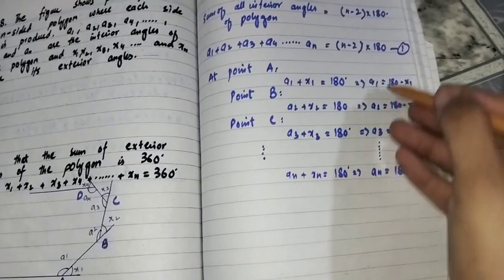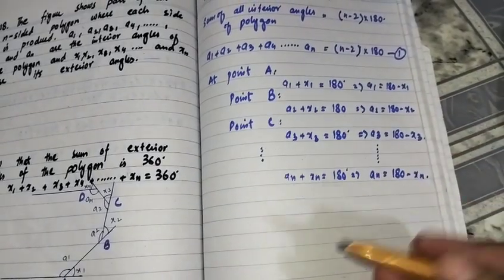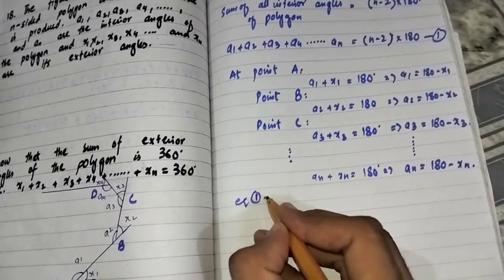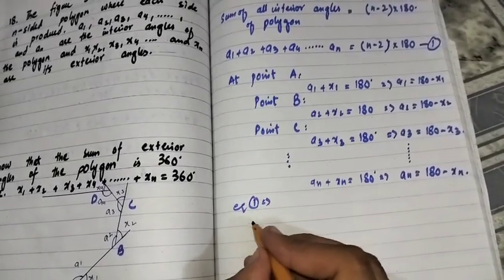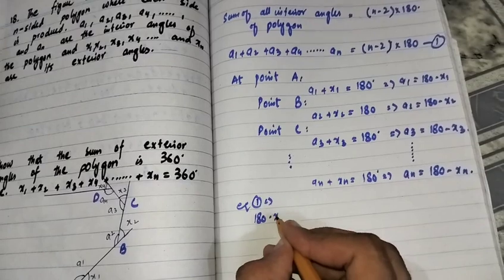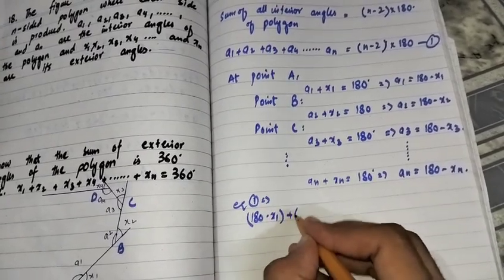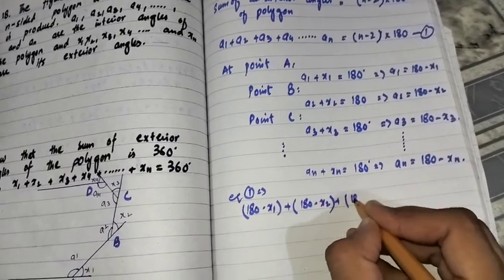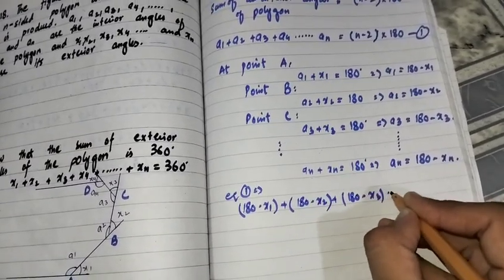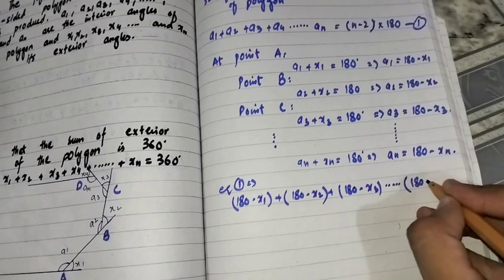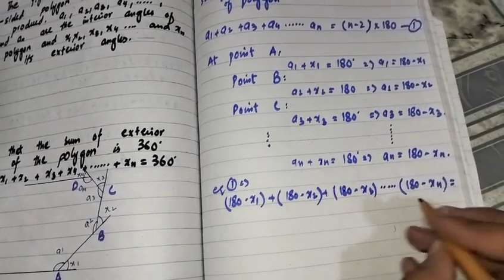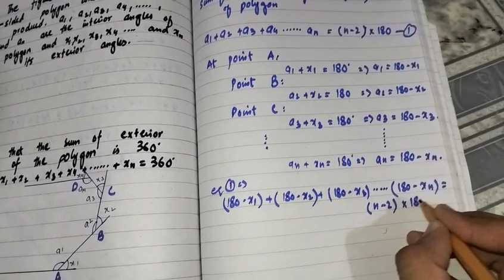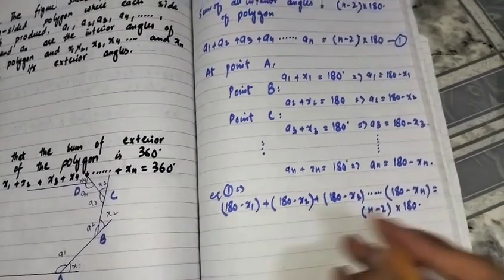So putting these values of a1, a2, a3, a4, an in equation 1, it implies that 180 minus x1 plus 180 minus x2 plus 180 minus x3 to 180 minus xn will be equal to n minus 2 into 180 degrees.